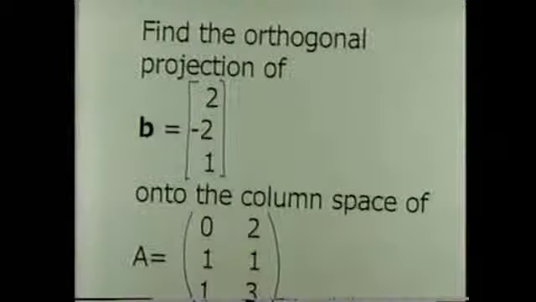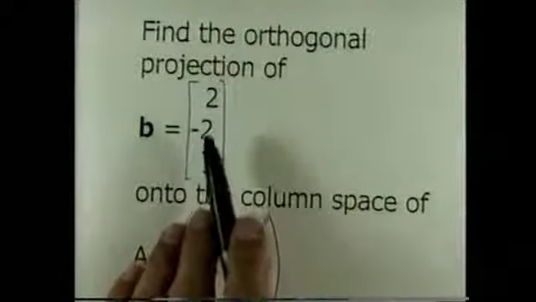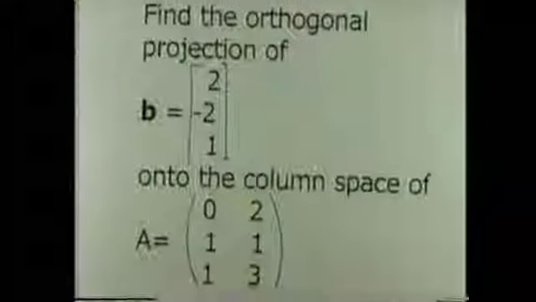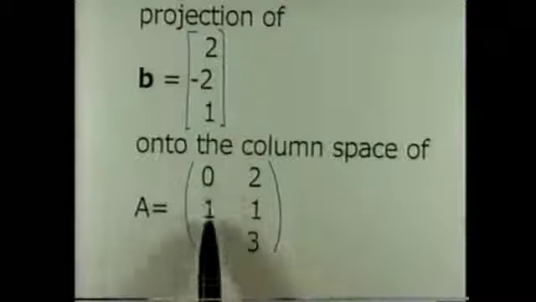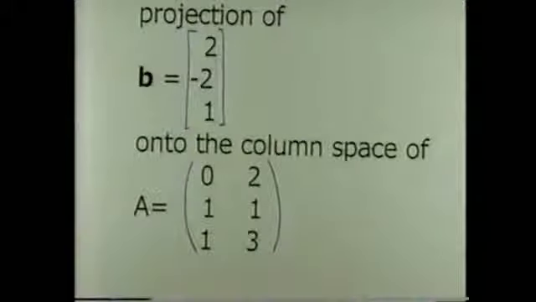Let's look at an example. Let's find the orthogonal projection of vector B equal to 2, negative 2, 1 onto the column space of A, which is equal to 0, 1, 1, 2, 1, 3.